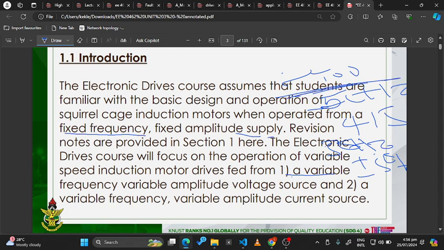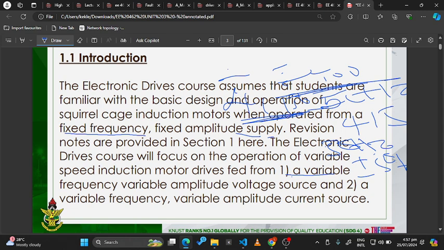If you are getting a three phase supply into, let's say, your industry, the line voltage is 415 volts. If you want to change this, you have to apply special equipment like converters.